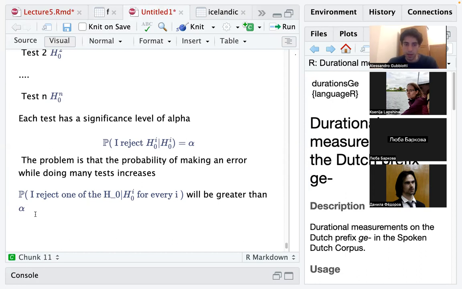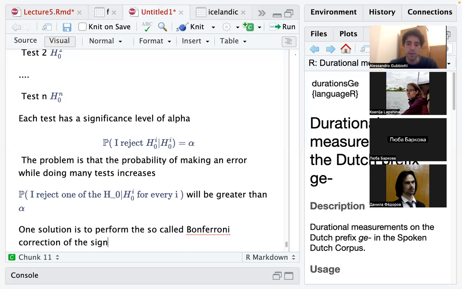So, for instance, one solution is to perform the so-called Bonferroni correction of the significance level of the tests.